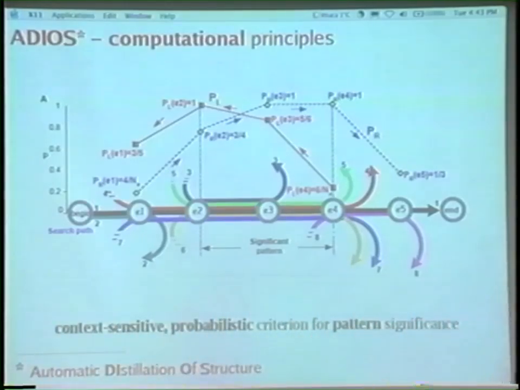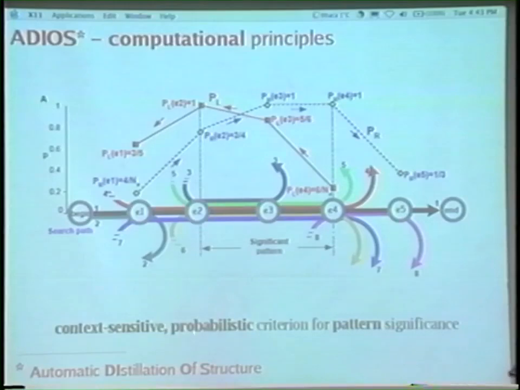So we have essentially a definition of a pattern. This is what we call a pattern. This bundle, the concept that I invoked informally of a bundle, we call it a pattern if in this context the probabilities of the paths remaining or leaving off satisfy the probabilistic criteria that I just alluded to. I'm not actually going to show the formulas because they're kind of beside the point. The important thing is that we do this accounting in the present context.